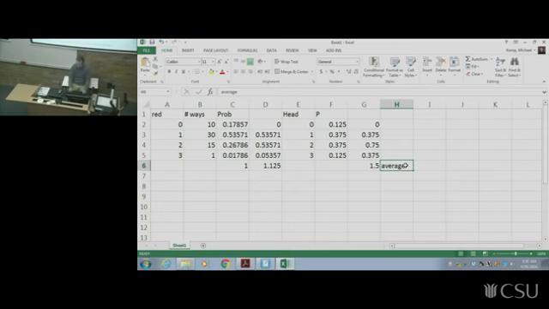Hopefully that makes sense. If you did pulling the red balls from the hat, on average we'd expect 1.125 red balls from the 3 we pick out of the hat. And you go, well, there were 8 balls all up, only 3 of them were red, so not even half. So on average we expect less than that.